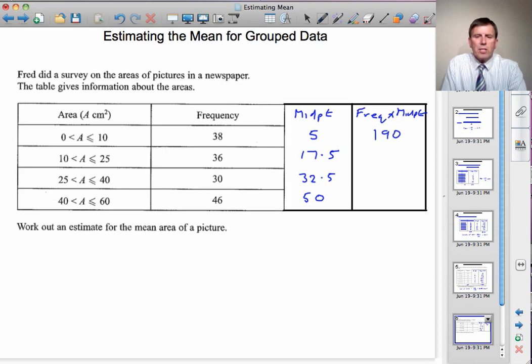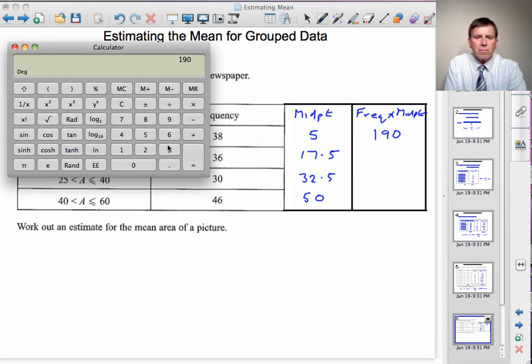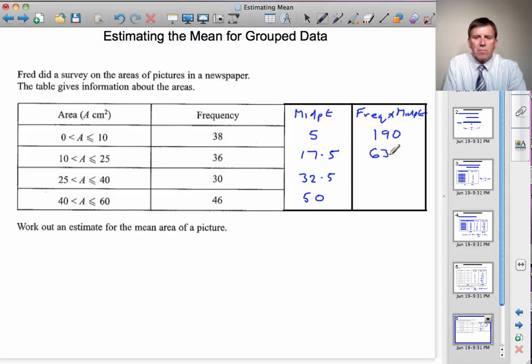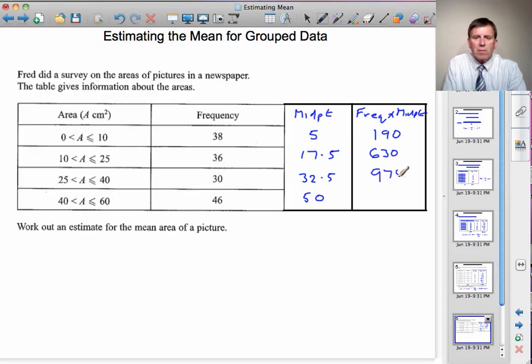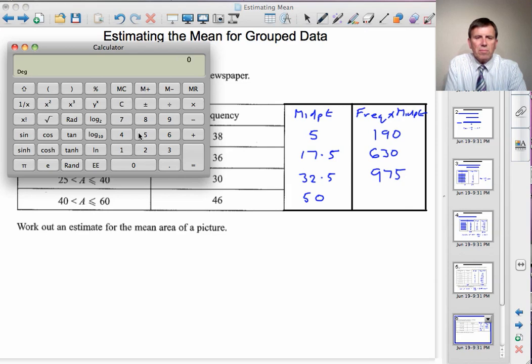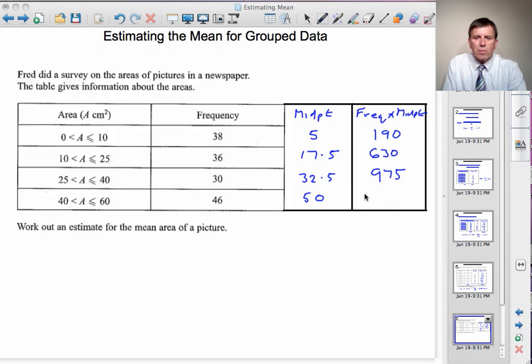And then we want 36 times 17.5. 36 multiplied by 17.5 is equal to 630. 30 times 32.5 is equal to 975. And finally, 46 times 50 is 2,300.